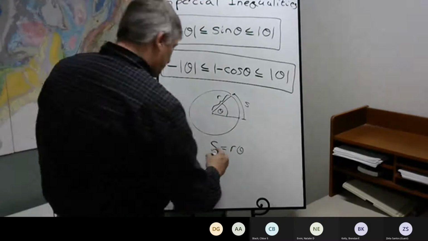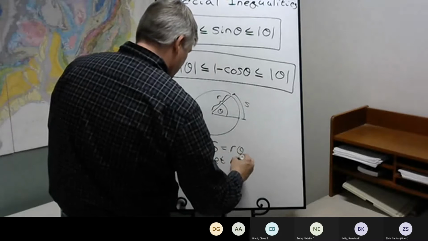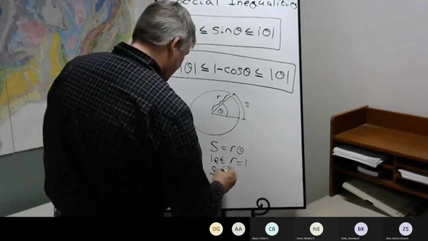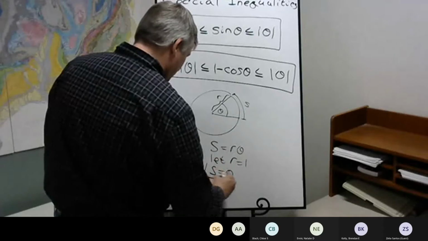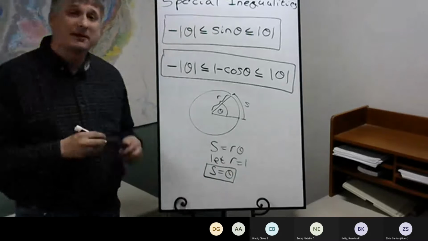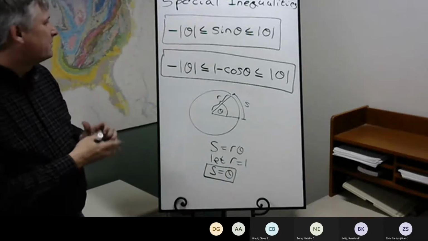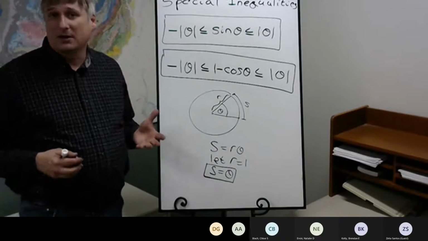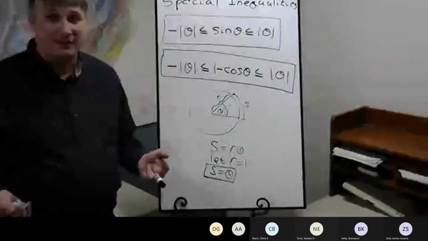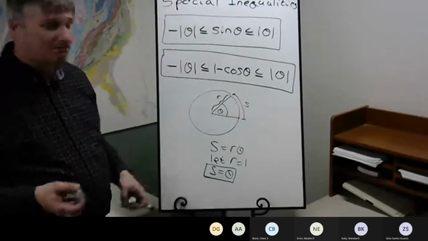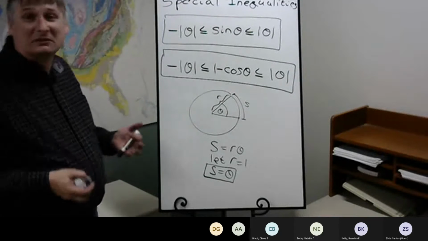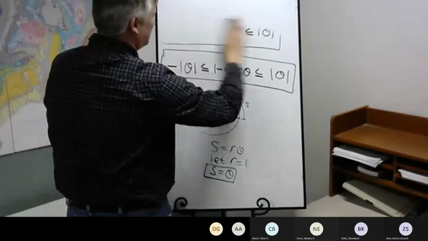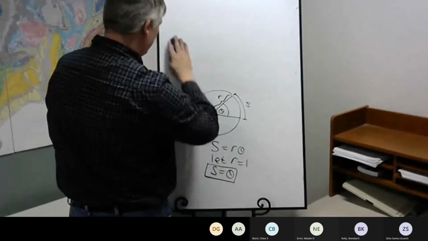But if R equals 1, then S will be equal to theta. So in the proof for these, the idea that S is equal to theta comes up. So just pointing that out, if you let R equal 1. All right. So those are some special inequalities.